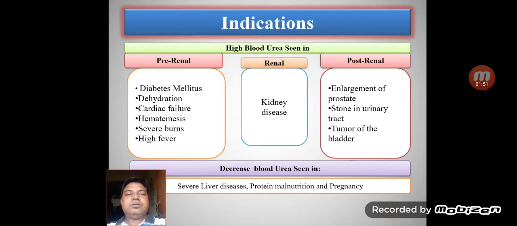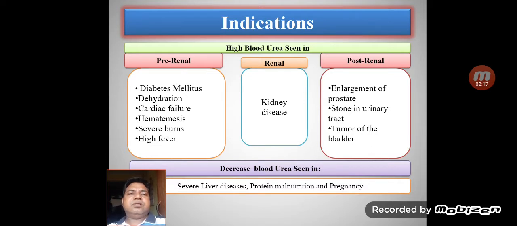In the renal causes, we have various kidney diseases, consisting of different types of glomerulonephritis, nephrotic syndrome and nephritic syndrome, and different tubular diseases.